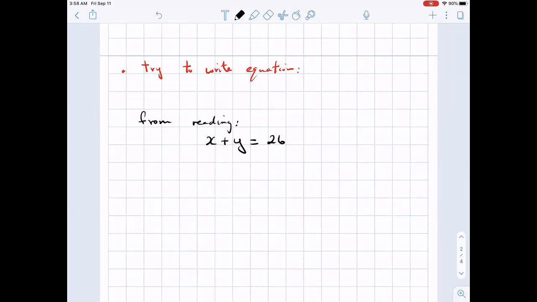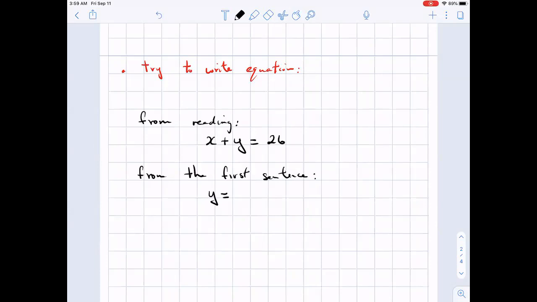From the first sentence, okay, it states that one number, so we don't know what that number is. We could call it x, we could call it y. So y is equal to a number, one number, is 2 more than 3 times another number.